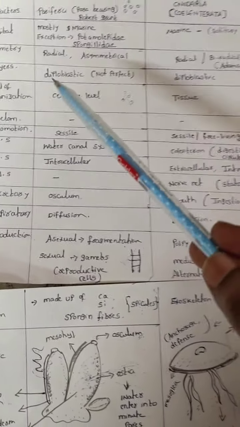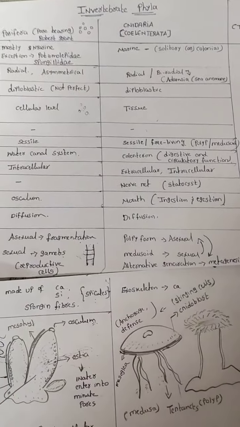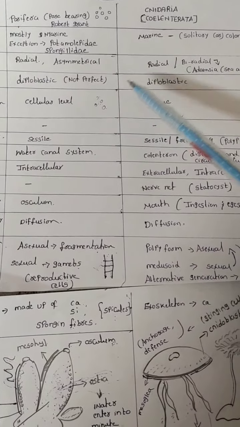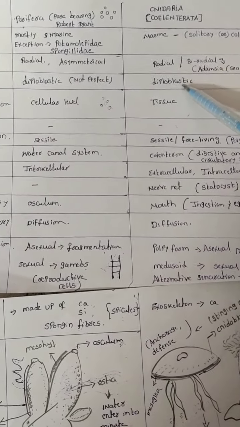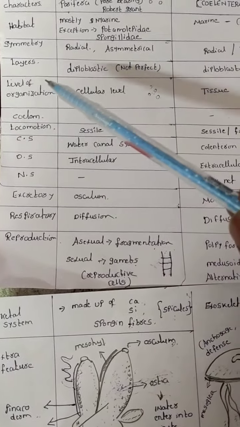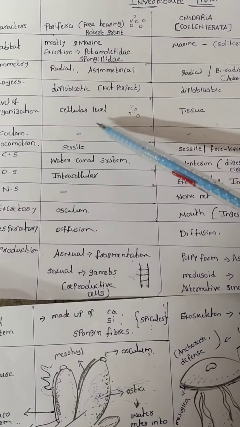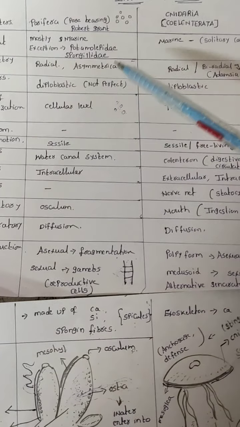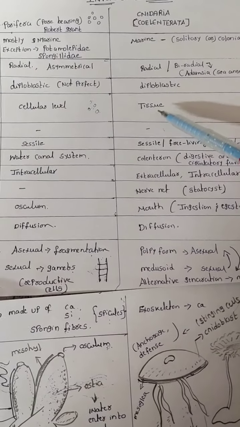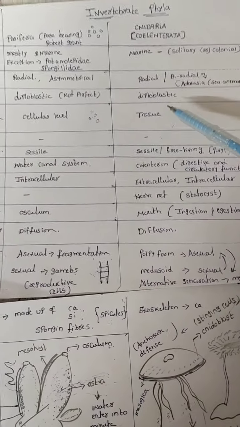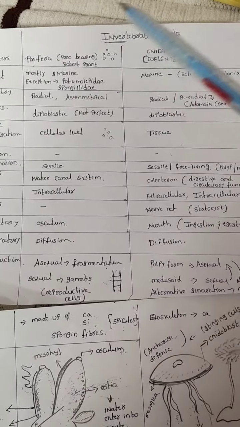And layers: I already said the first three phyla, how many layers do they have? Two layers. That is the diploblastic nature. And level of organization: the first phylum is what level? Cellular level. It means there is no coordination. Cnidarians, what level? Tissue level. That's why you can observe development from one phylum to another.